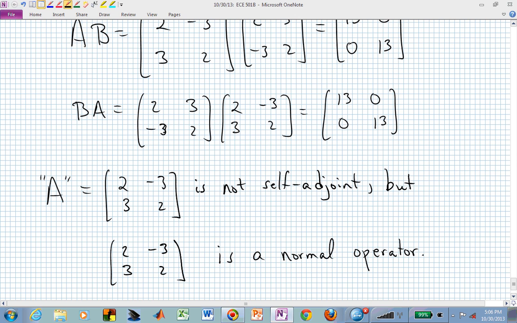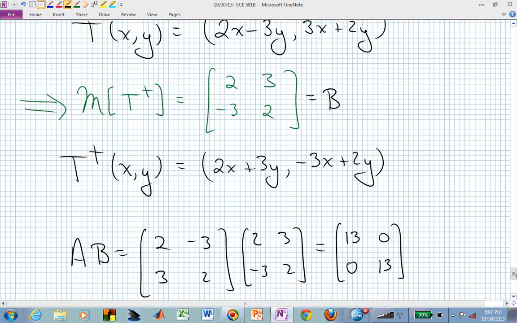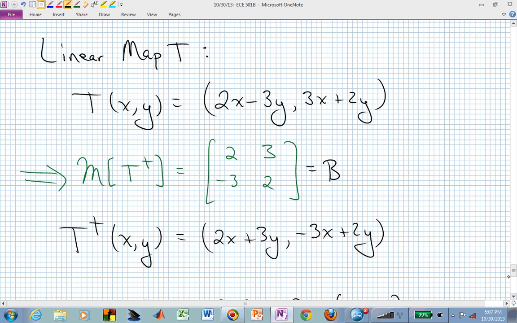So now if you went back up to this T, it may not be obvious by looking at that T, but now you can say that T is a normal operator after looking and comparing whether T and its adjoint commuted.